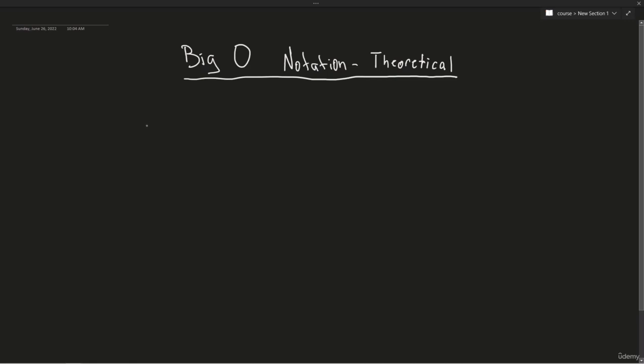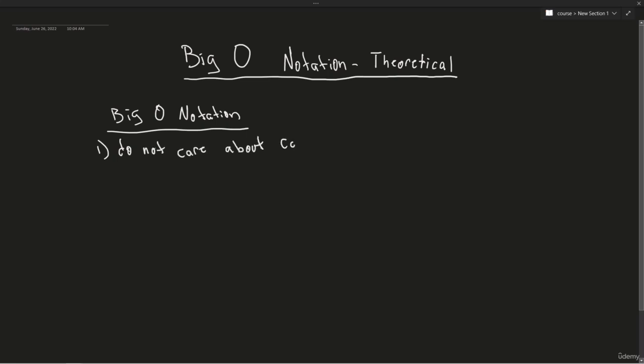So now we're going to talk about theoretical evaluation. Remember, with big O, there are two things that we need to keep in mind. The first being, we do not care about coefficients, and we will abbreviate that as coef.